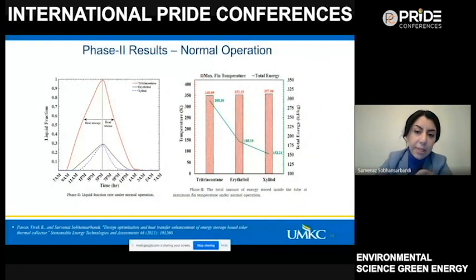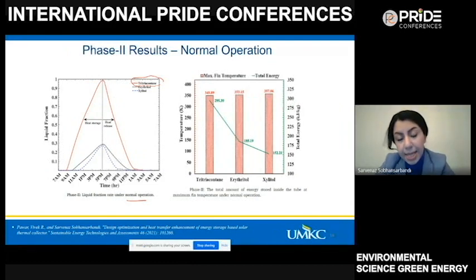So we apply different types of PCM in the collectors, and again we look at how the liquid fraction behaves under normal operation and stagnation operation, with the results shown on the next slide. Looking at the liquid fraction under normal operation, we can see that our paraffin-containing tritiol has a higher melting fraction of the PCM, and that depends on the temperature we are dealing with.